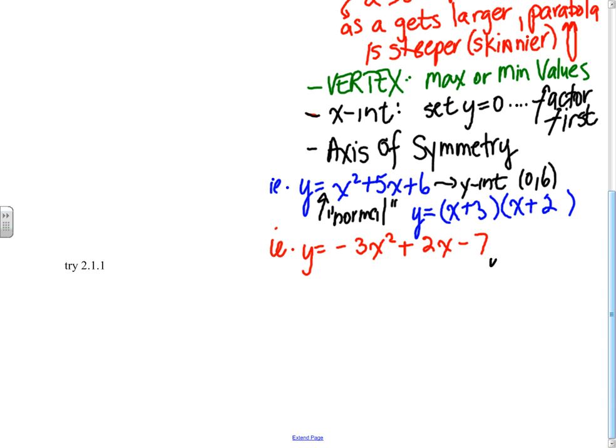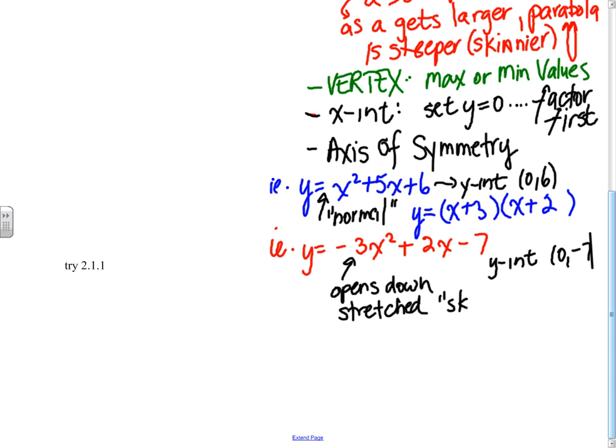We know the y-intercept for this one is -7, and we know that this one opens downward, and it is stretched, or skinnier, by a factor of 3. This one, because it opens downward, will have a maximum value at the vertex.